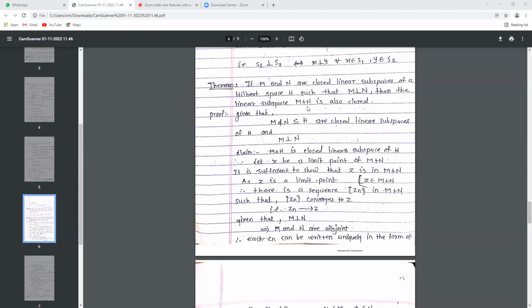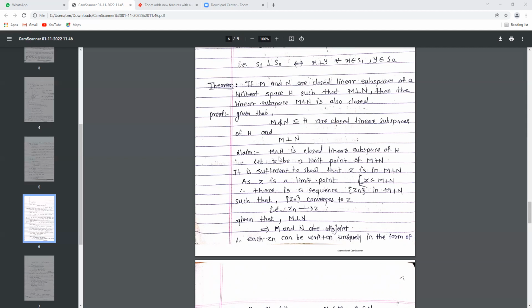We have to prove that the subspace M plus N is closed. What is given: M and N are closed linear subspaces of H, and also M is orthogonal to N. Then we have to prove that M plus N is a closed linear subspace.